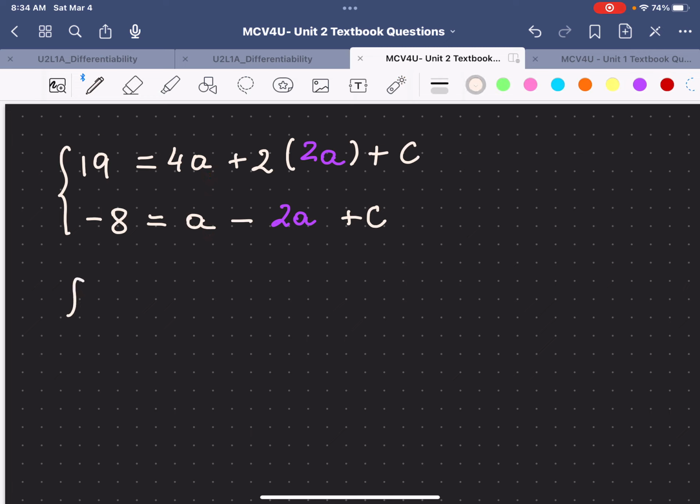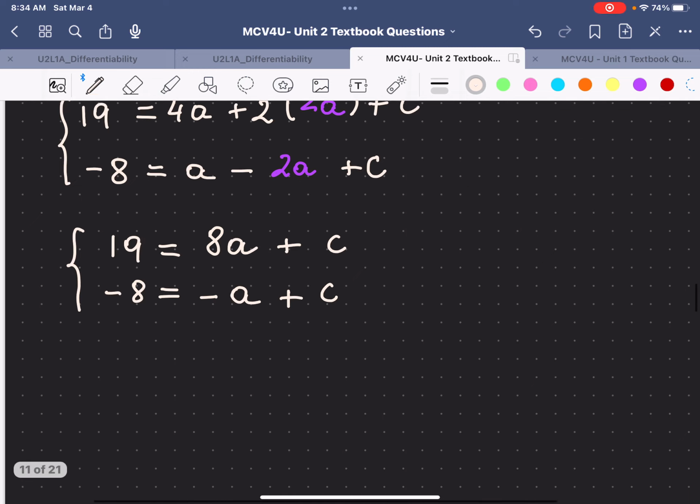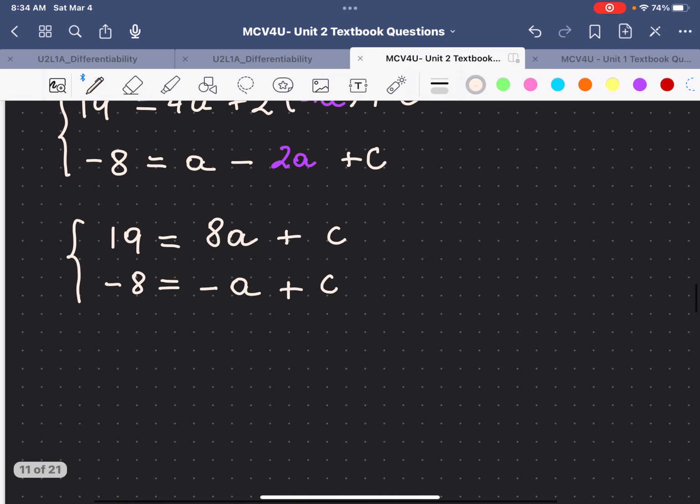Let's simplify each equation. First, we have 19 equals 4a plus 4a, 8a, and then plus c. And here we have negative 8 equals a minus 2a, that's negative a, and then plus c. So we can solve the system by using either substitution or elimination.